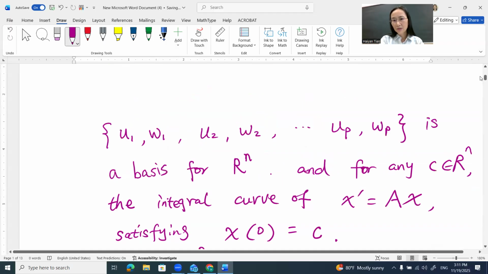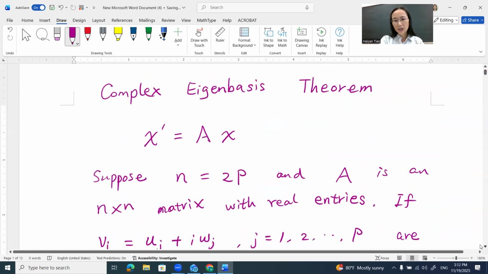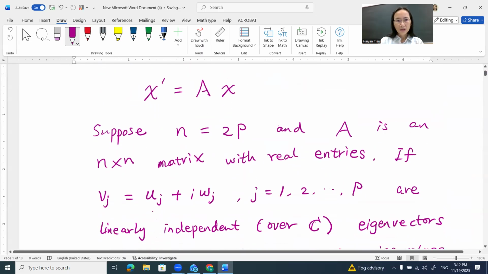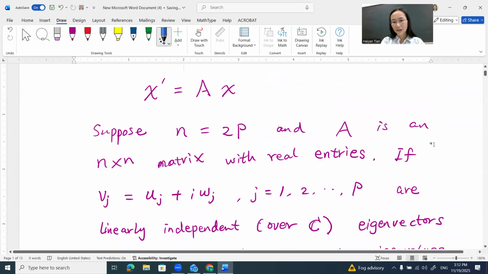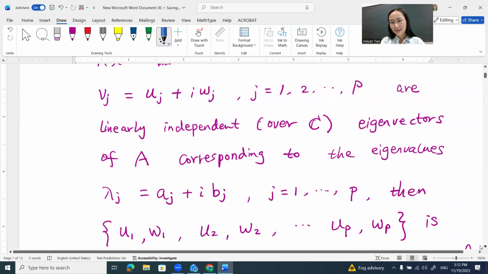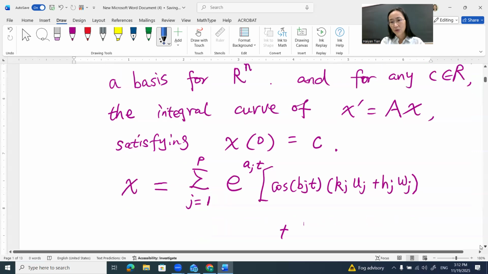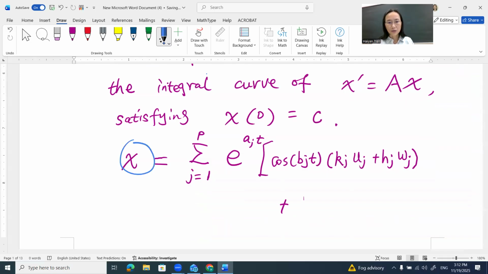So you can see, just recall the notation and its meaning. u_j, w_j, for the eigenvector v_j, we have real and imaginary parts. So that is the real part and imaginary part of a certain eigenvector. As soon as we remember the meaning of the notations, we can see how we can use that information to represent our general solution x.